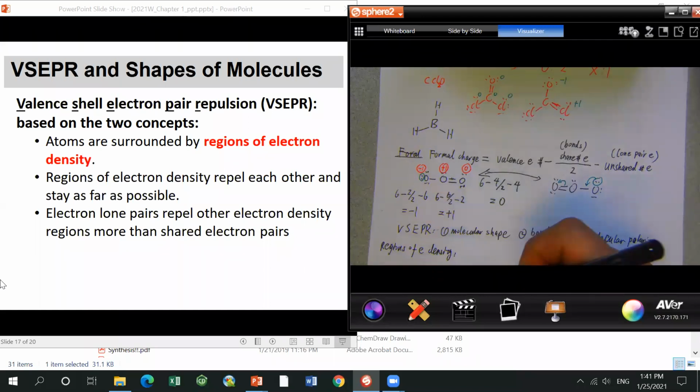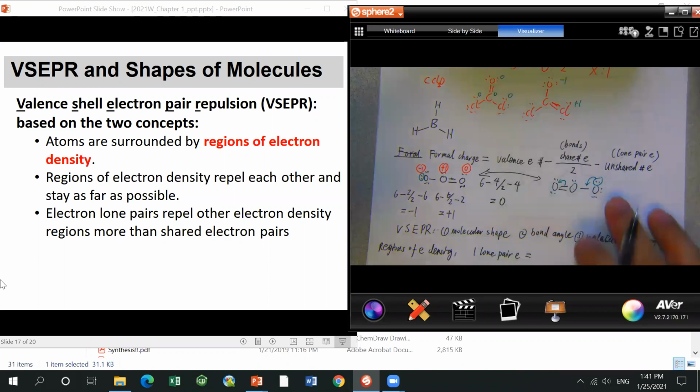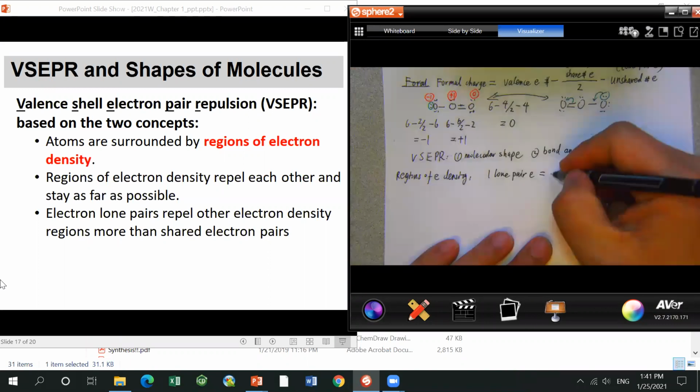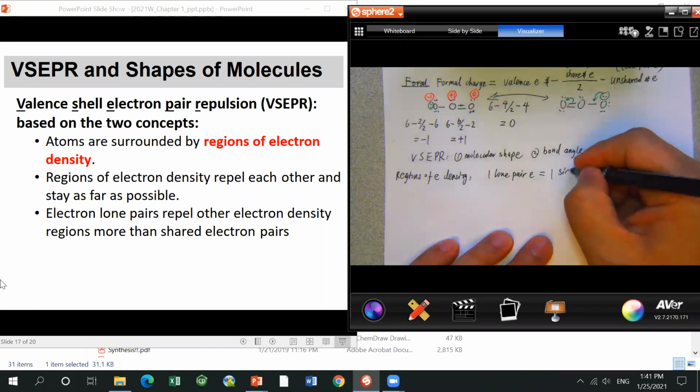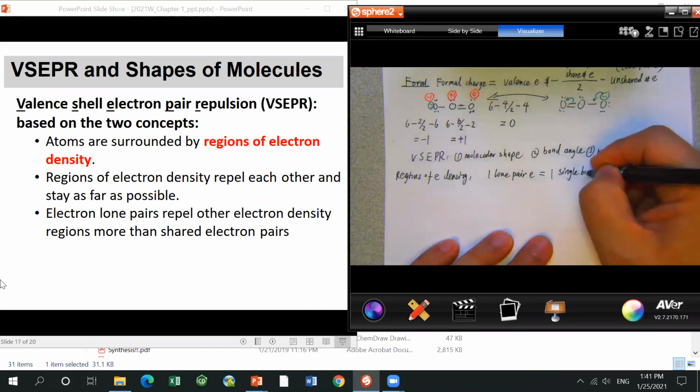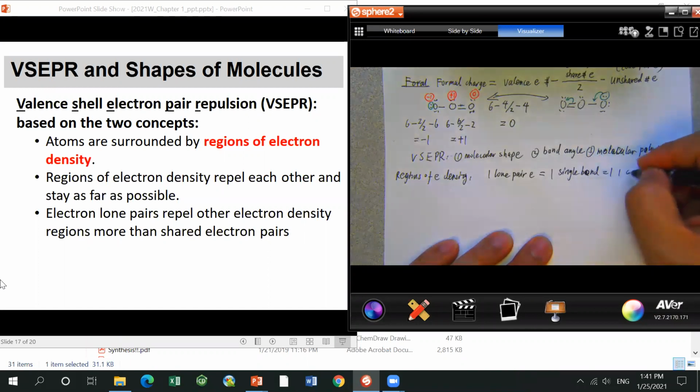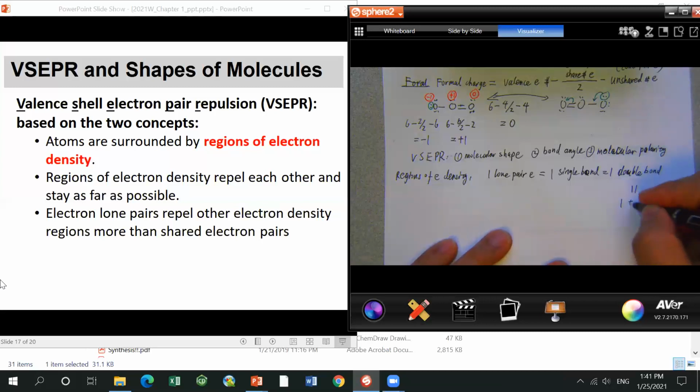Write it down. One lone pair of electrons equals one region, one single bond equals one region, one double bond equals one region, and also one triple bond equals one region.